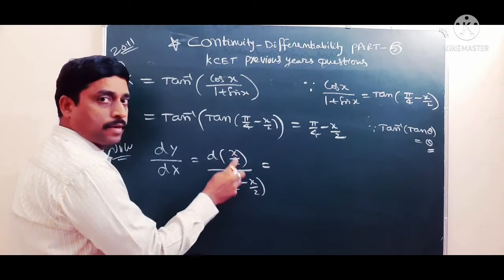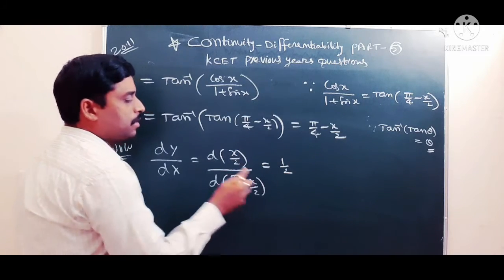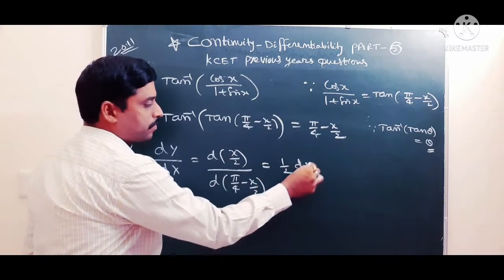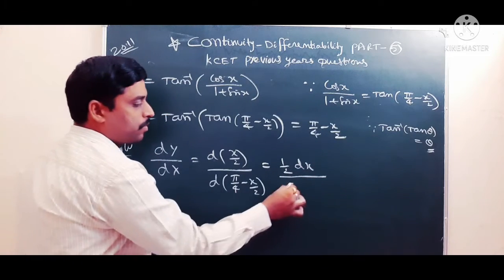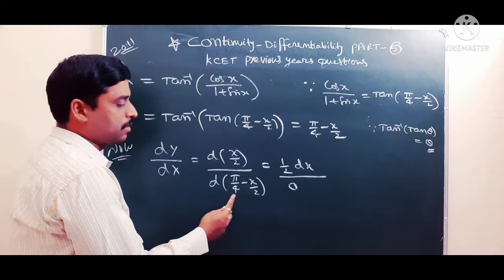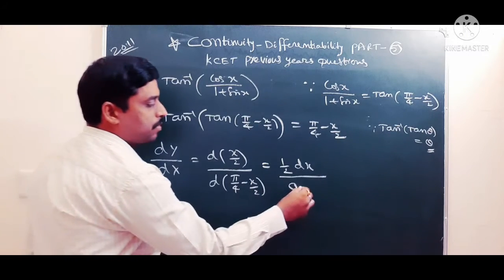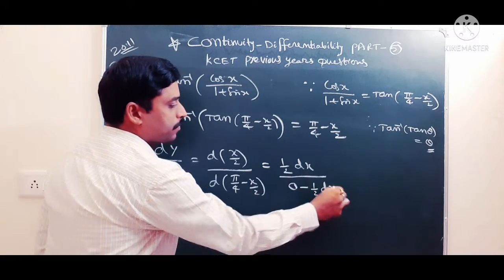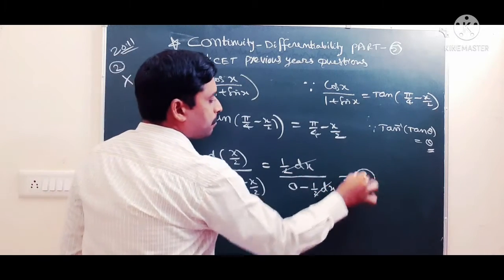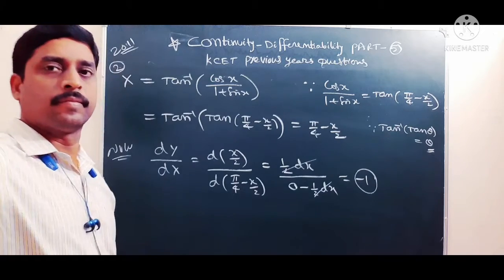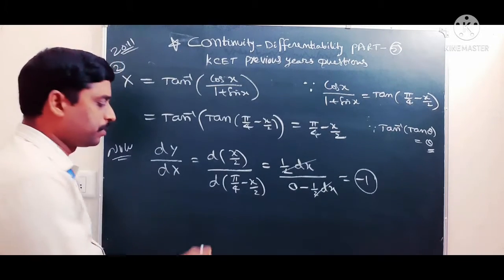So the derivative of x by 2 is 1 by 2 dx, a constant. In the denominator, the derivative of pi by 4 is 0, a constant. So minus x by 2, the derivative is minus 1 by 2 dx. So 1 by 2 dx gets cancelled. This will be minus 1. Option 2 is correct.